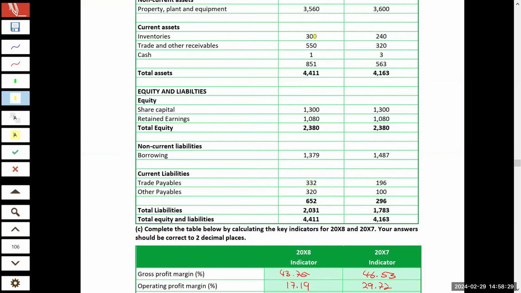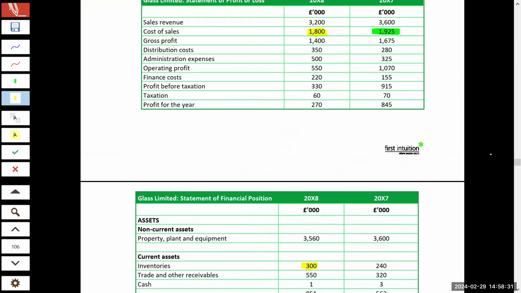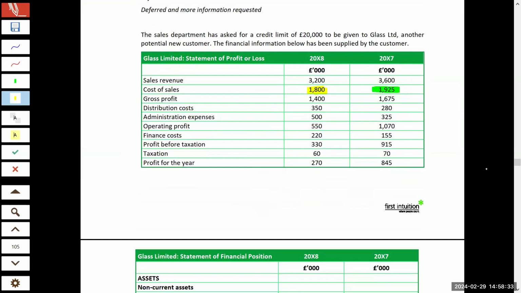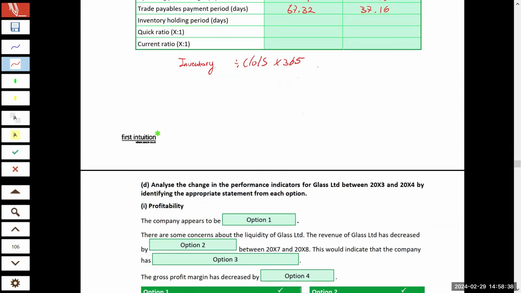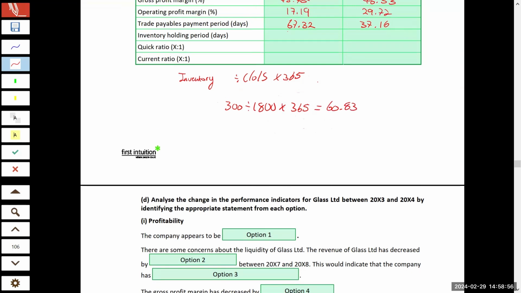There's my inventory level, and I know what the cost of sales are for each year. So let's do the rest. Inventory for 20X8 divided by the cost of sales for that year times by 365 gives me a grand total of 60.83.